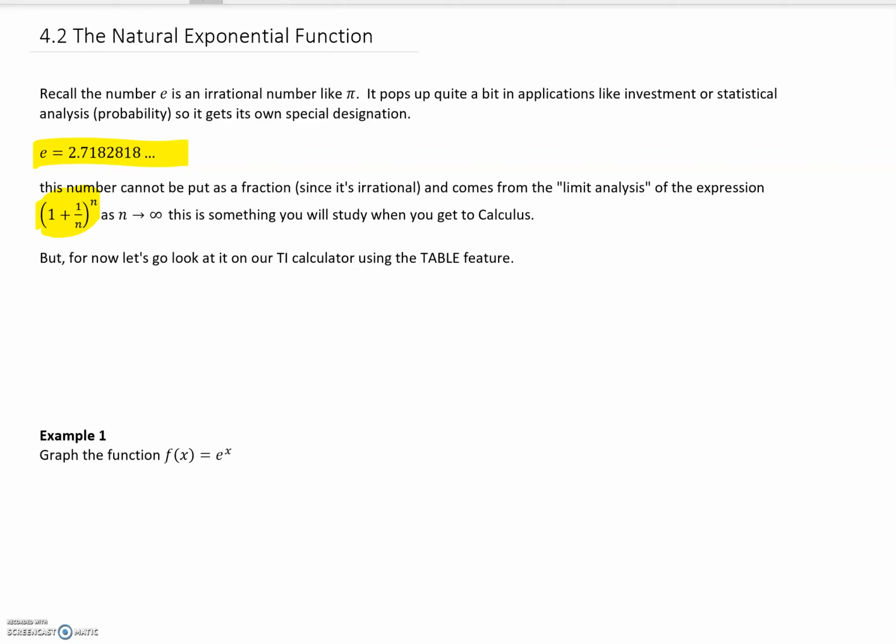For now, we're just going to look at our TI calculator, put that expression in, and use the table feature to get an idea of how, as n gets big, that expression turns into something close to 2.718. So let's go pop up our calculator.